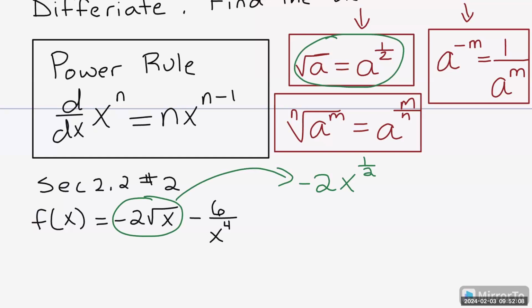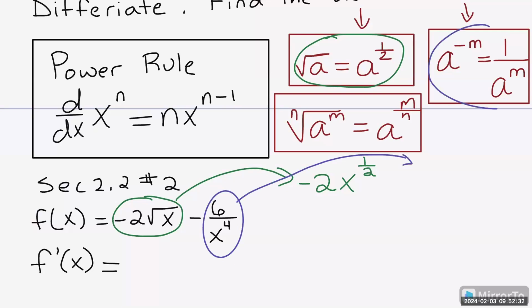So when I find my derivative for my f prime of x, actually, I will find it in a moment. Actually, let's deal with the negative 6 over x to the 4th. It's like the negative 6 over x to the 4th, this part.